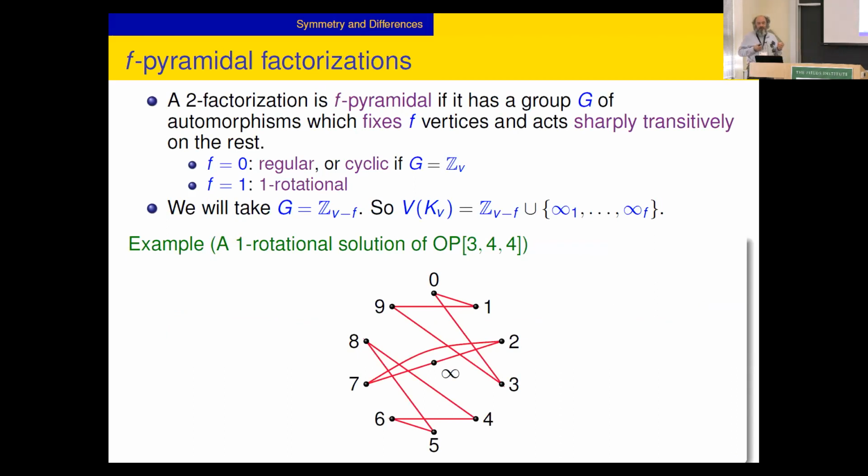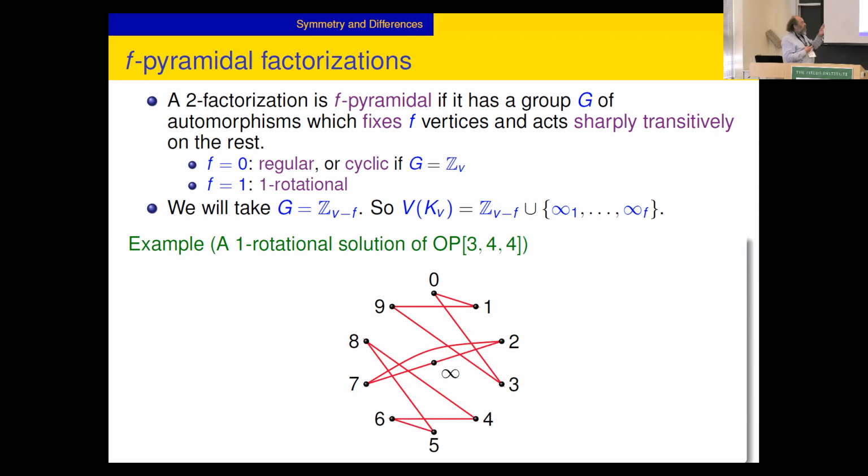Okay, so I talked about symmetry. I want symmetry. What does that mean? Well, we're going to talk about pyramidal factorizations, F-pyramidal factorization. What that means is it's an automorphism of the design, of the factorization, that fixes exactly F points.